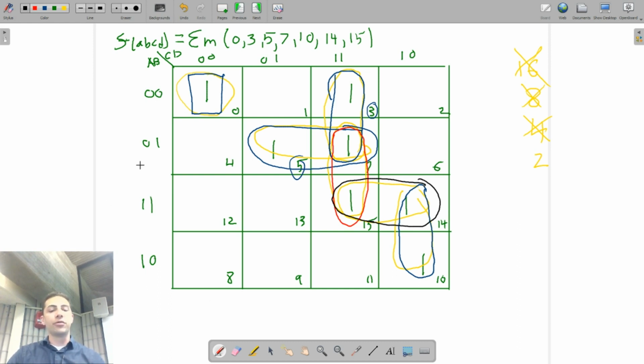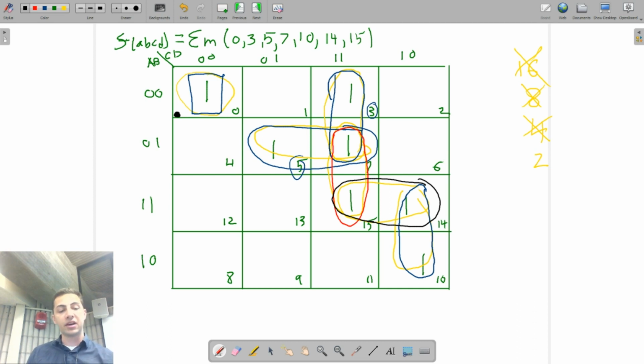All right, so as we go through this, now we need to find commonalities between the cells. So our first implicant is this implicant here. So what values are common to that one cell? It's all of them, and they're all 0 in this case.